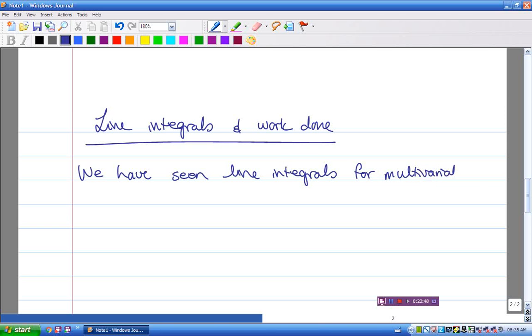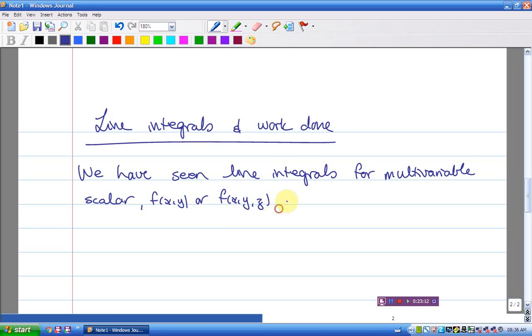There have been multivariable functions, but they were scalar functions insofar as there haven't been vector functions. You put in your domain, but what you get out is just a single scalar value. You won't get out a vector. F of x y or f of x y z.